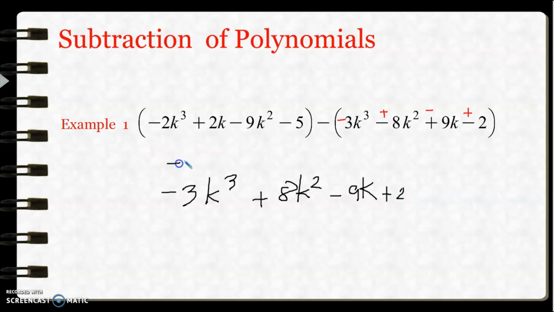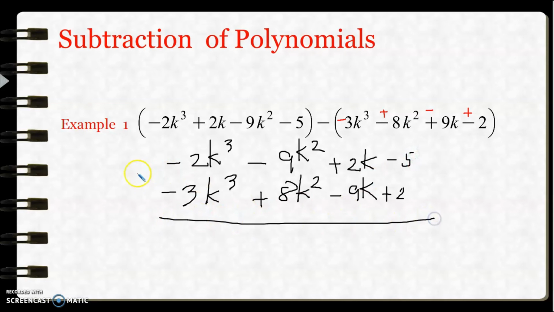Then we rewrite the first given or the minuend, negative 2k cubed plus, it's a plus 2k. So I have to write 2k on the column where negative k is. Then negative 9k squared minus 5. So careful lang talaga. Then we add, kasi we have changed the sign now. Negative 2 and negative 3 is negative 5, so I have to use a different color.